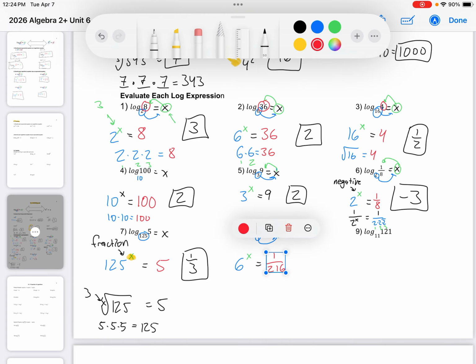And then we basically just need to know what power of 6 would be 216. So let's see, 6 times 6 would be 36. If we multiply it times 6 again, that gives us the 216. And so we need 3 6's multiplied together to get the 216, and it needs to be negative to make it be a fraction. And so this one again is going to be negative 3.